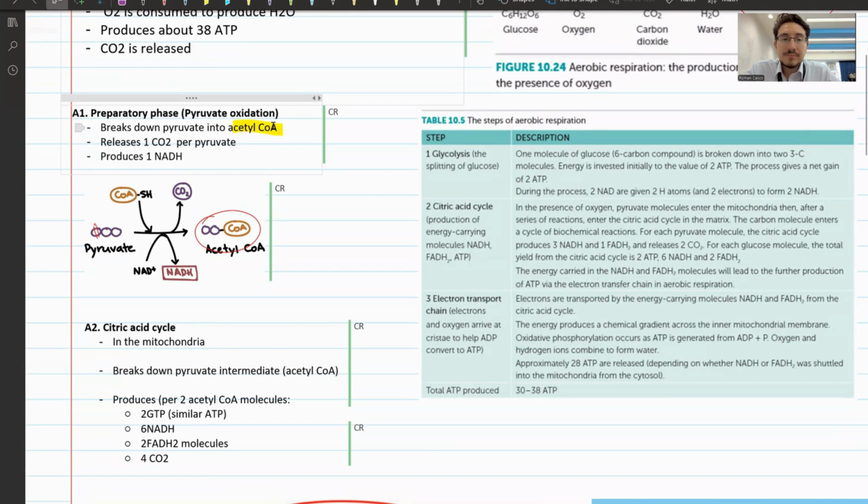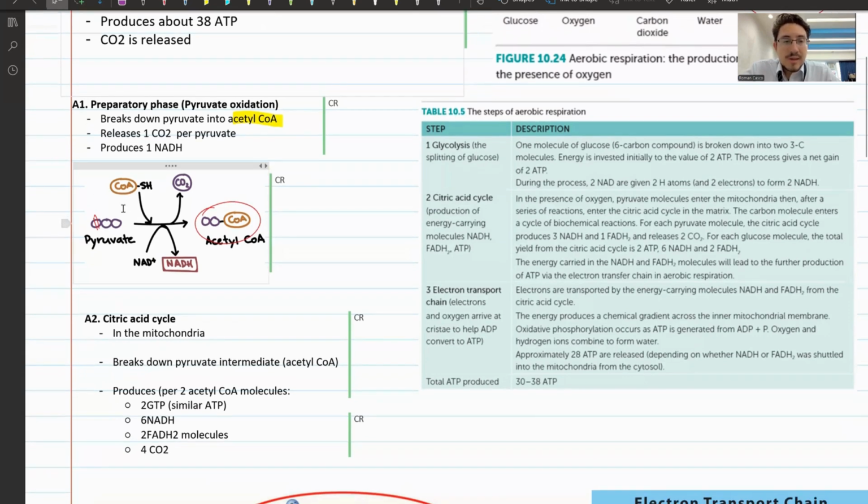So you have pyruvate, which is a 3-carbon compound. This pyruvate joins with coenzyme A, if you remember the coenzymes that we talked about, with an SH group. They bind together and they liberate electrons to NAD+, more NAD pluses.